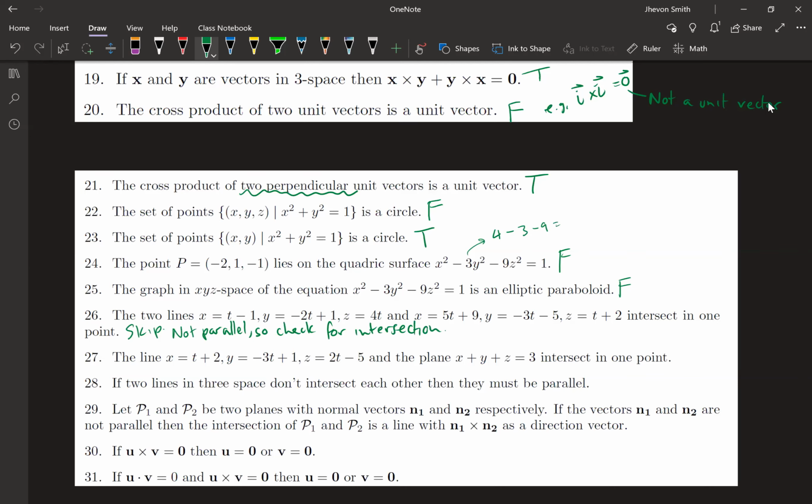Still in the warm-up. This line and the plane intersect at one point. Again, I probably don't want to do that. One way you can check is to just do the dot product. 1 comma minus 3 comma 2, and dot that with the normal.